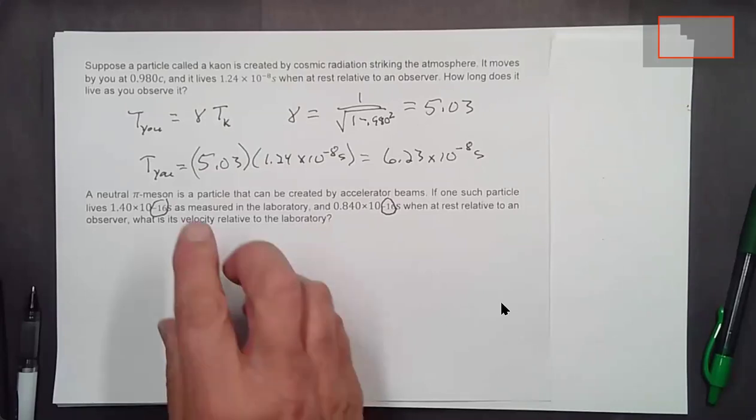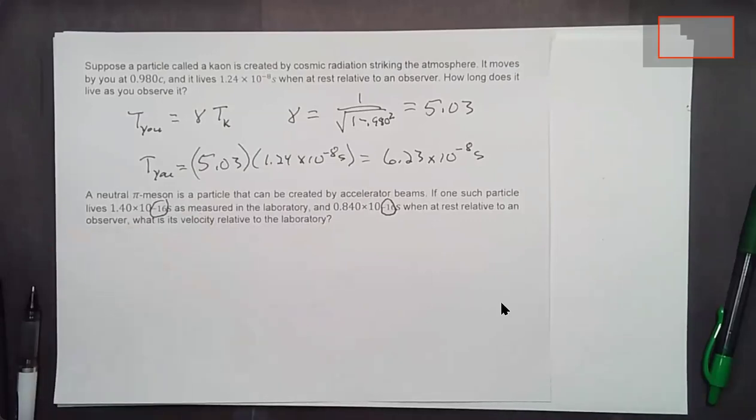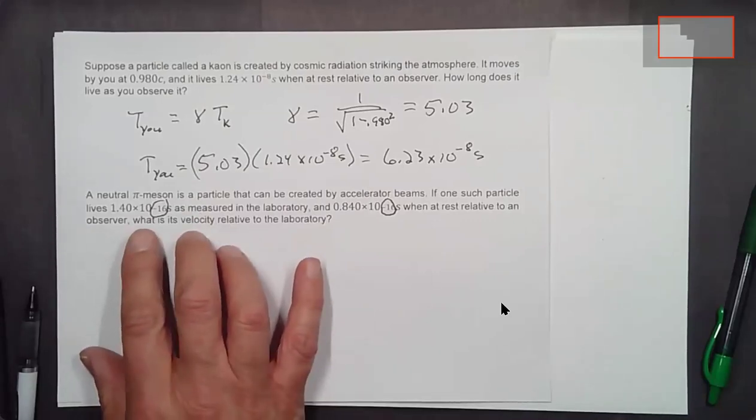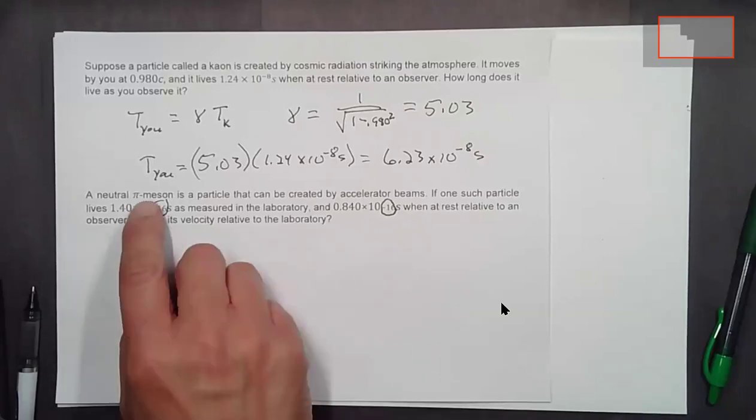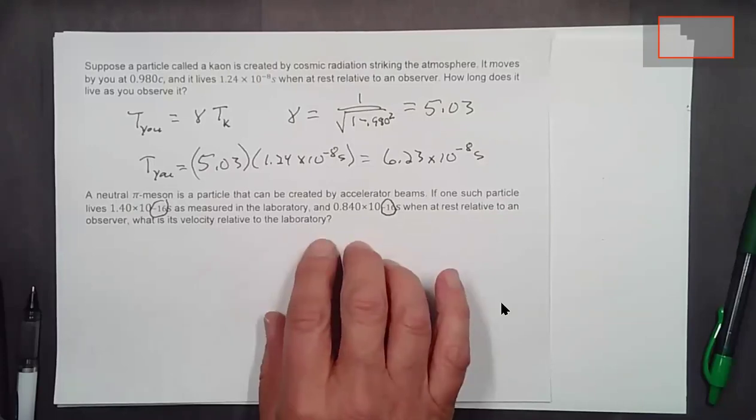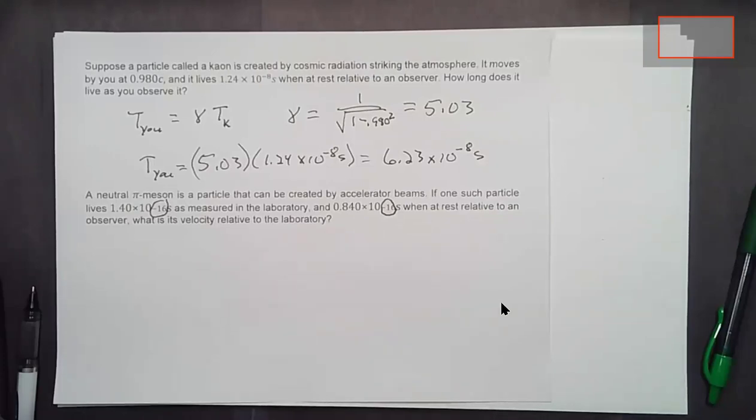Okay, and then there's one more time dilation problem. The neutral pi meson is a particle also called a pion. It can be created by accelerator beams.